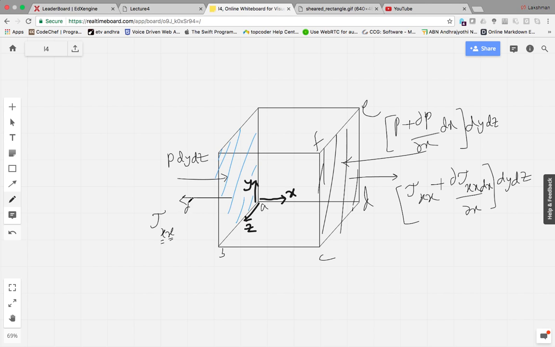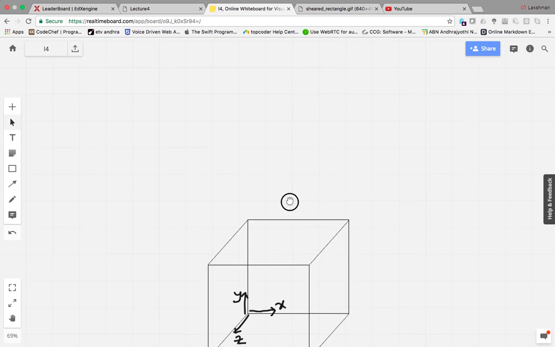Tau xx, since this is a stress, you must multiply it with the area, dy dz. So this is the force. So: pressure force, normal stress force. You do have shear stress forces on these faces, but those point in the y and z directions. But here we are only concentrating on deriving the x direction force, so we are only presenting x components of forces.